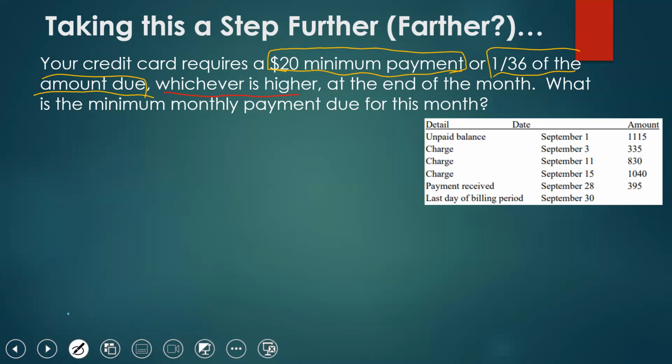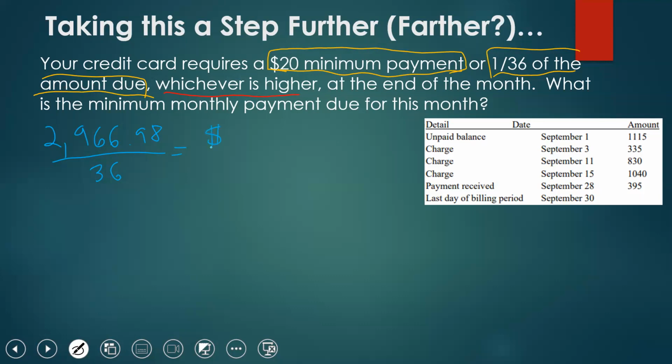And a fairly simple, straightforward way to calculate that is just to take that amount due that we had, the 2,966.98, divide it by 36, because if you're finding 1/36th of something, that means you're finding if something is divided into 36 pieces, how big will each piece be? So we'll just take our 2,966.98 divided by 36.